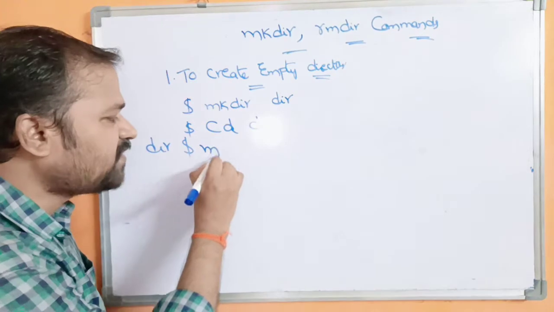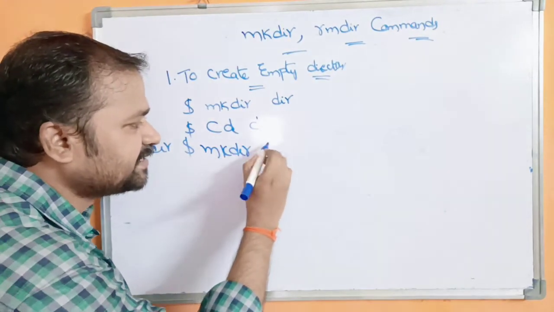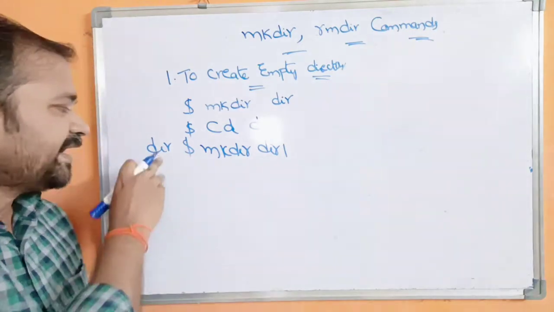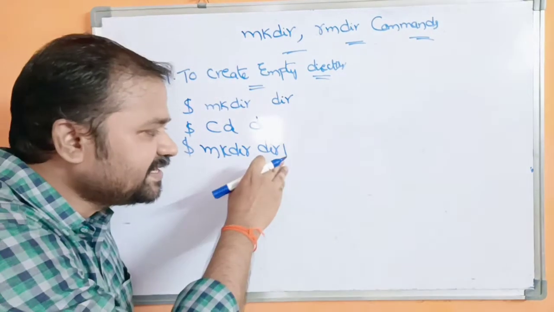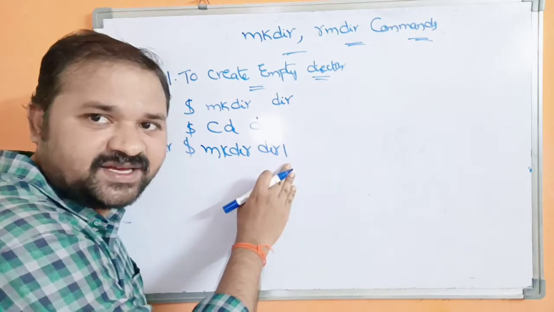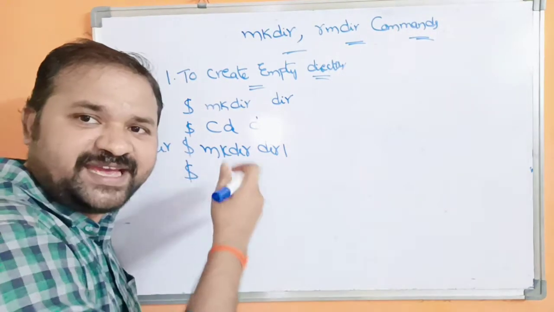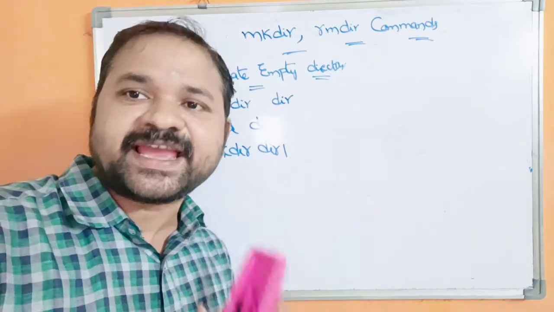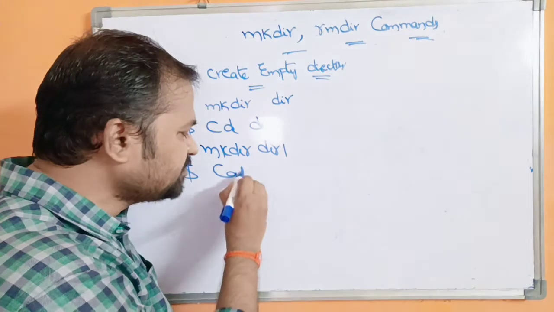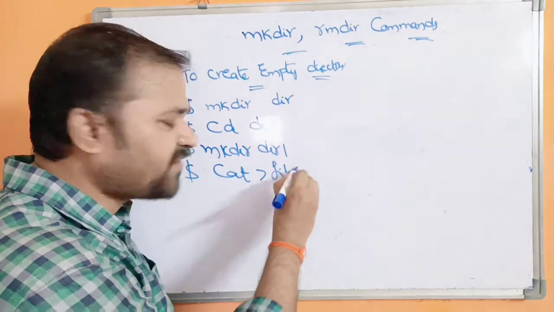Let us assume that we want to create a subdirectory. Let the name of the directory be dir1. Inside dir, a directory called dir1 will get created. Likewise, we can also create a collection of files inside a directory. We know how to create a file: we use cat greater than file name.